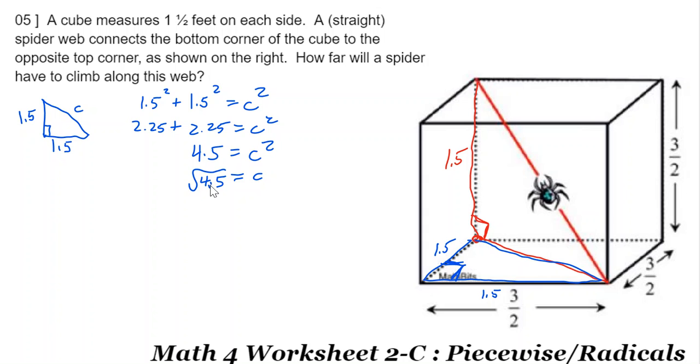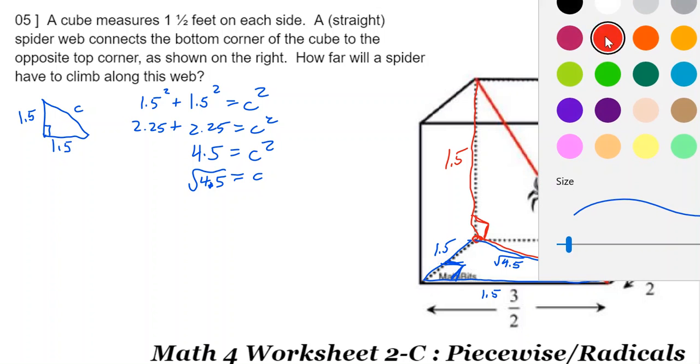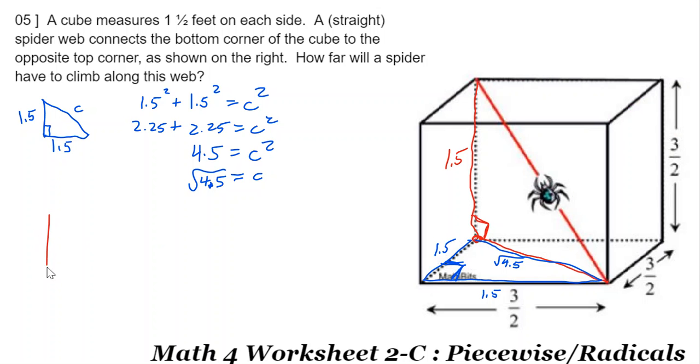Because you got to ask the question, where is this answer going? And this answer is going here. Because what are we going to turn around and do with the red triangle? The red triangle has got 1.5 going up the side. It's got the square root of 4.5 going this way, and we are going to find the distance that the spider is crawling through the middle.